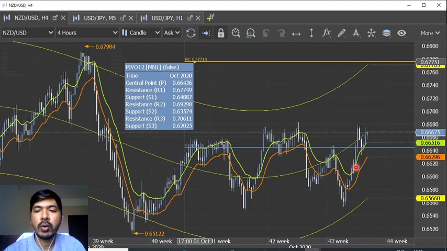So coming to the lower time frame chart of 4 hourly, we have the regression curve as well as the pivot point series.